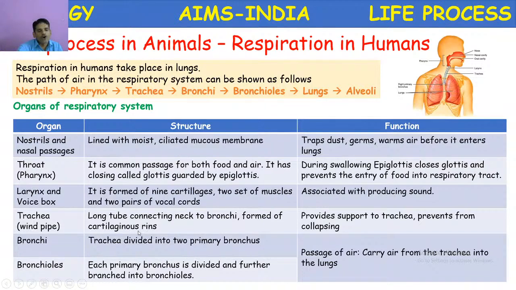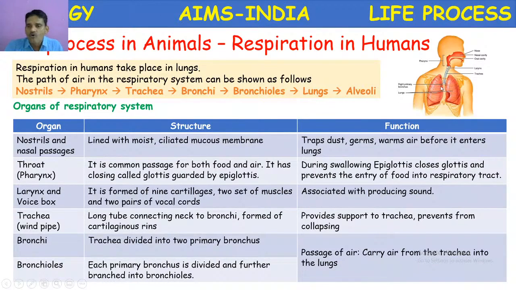It is formed of C-shaped cartilaginous rings, which prevent the trachea from collapsing. Next, bronchi. Bronchi are the branches of the trachea. The trachea divides into two: left bronchus and right bronchus. Bronchi is the plural term.